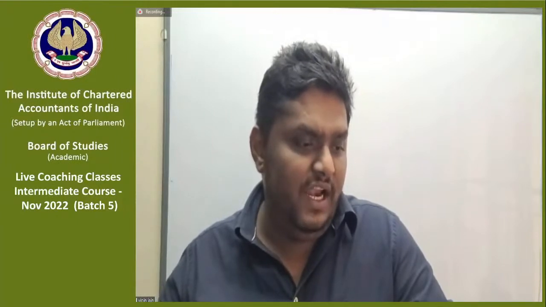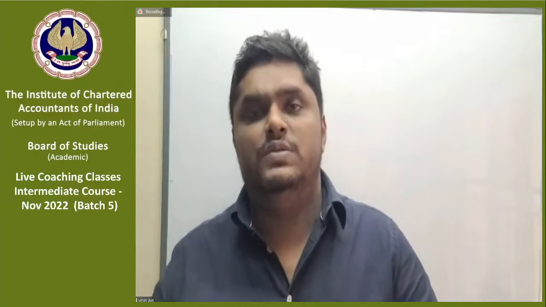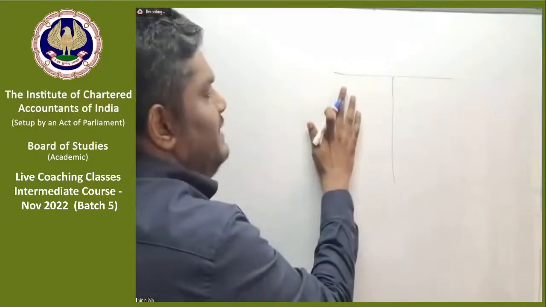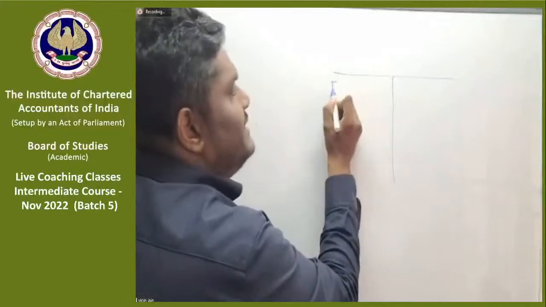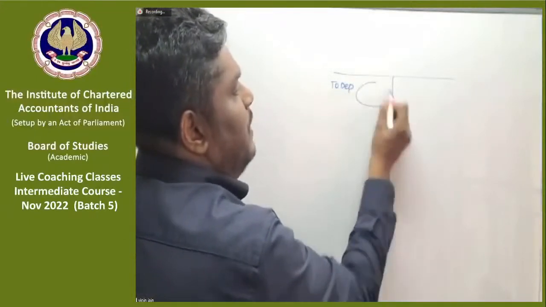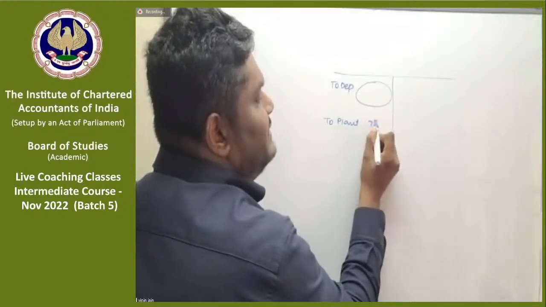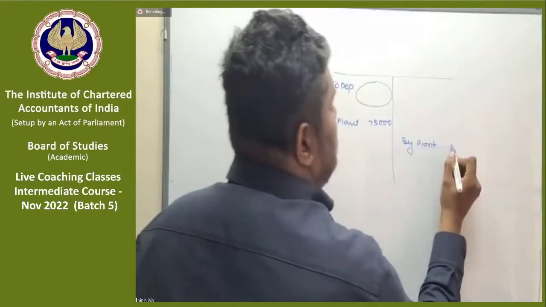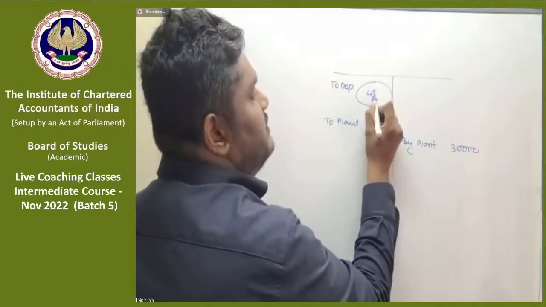Okay, there is a query from Jitin and Tanishka. What about the closing value of plant of 30,000? See Tanishka and Jitendra, there are two ways to show the plant and depreciation part. The first way is simply write to depreciation the amount, or alternatively you can write to plant 75,000 and by plant 30,000, or you can write 45,000 as depreciation.